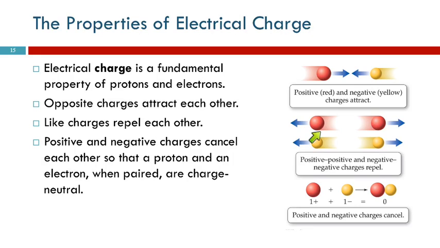Two positive charges will repel just like the magnets, and two negative charges will repel. And these have equal magnitude, so when you put a positive charge and a negative charge together, they're going to be attracted to each other, but then overall, their charges add up to 0, and so they neutralize each other. Any questions about that?